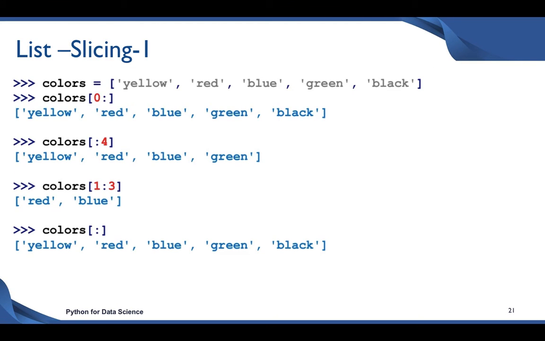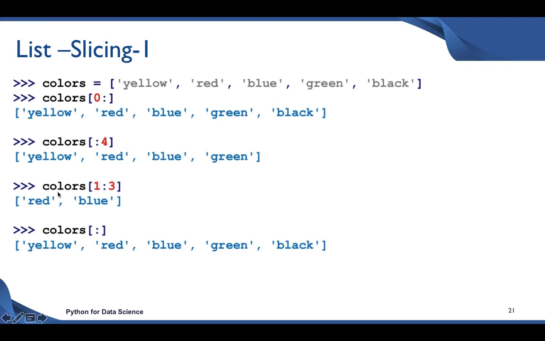Here in this part there are 4 examples which are shown. Indexing starts from 0 till the end, so all the elements get printed. Indexing starts from 0 and will go up till 4, but 4 is not included, it will go only up to the third index, that is 0, 1, 2 and 3.